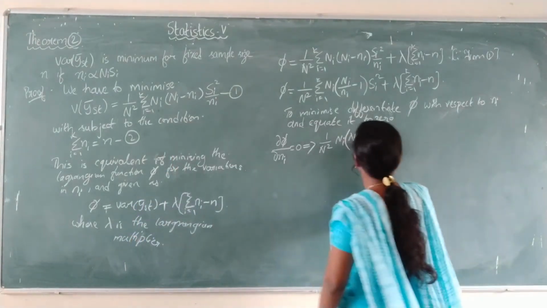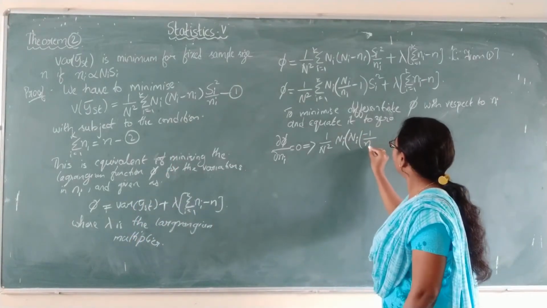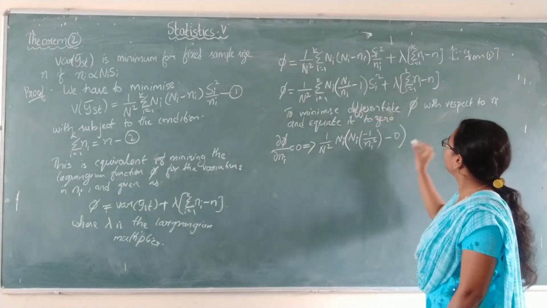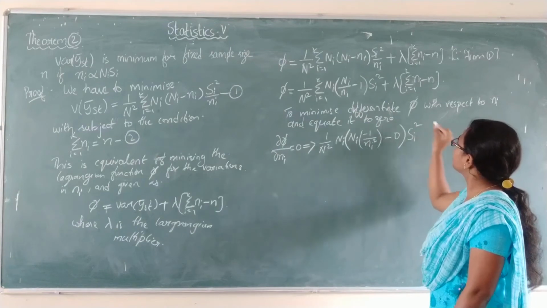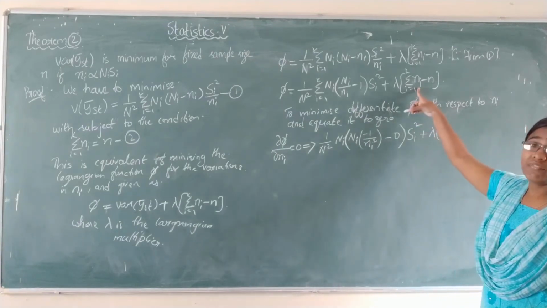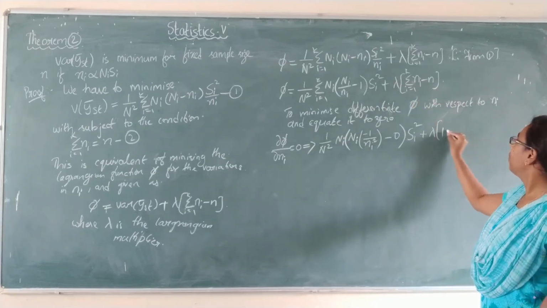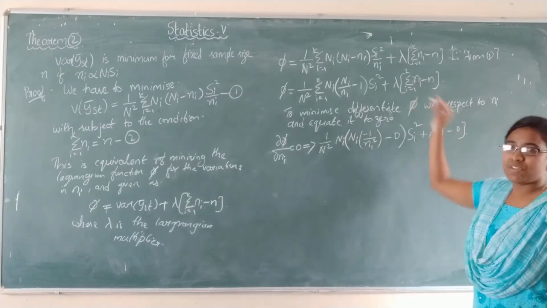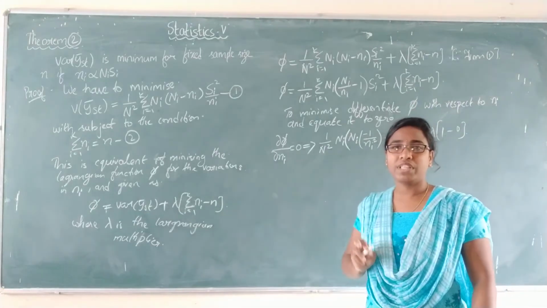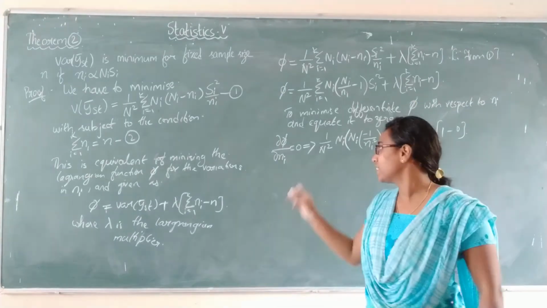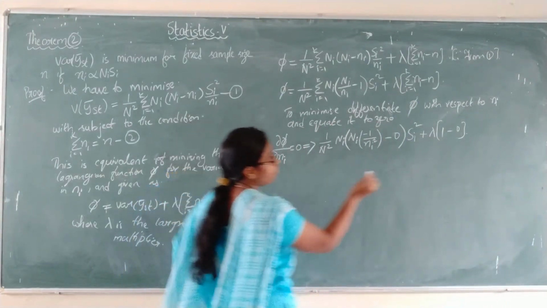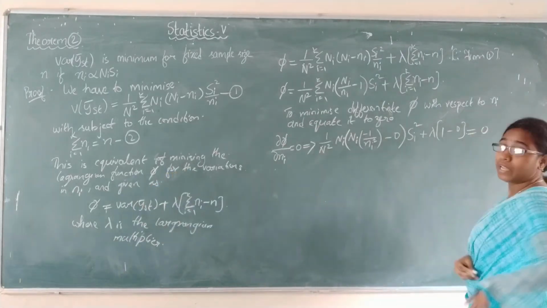So this value can be written as minus 1 by ni square, minus the differentiation of 1, which is 0, into the constant si square as is, plus lambda into the differentiation of ni, which is 1, minus 0. We will be avoiding the summation terms because we are differentiating only with respect to the ith sample size, that is ni. And this we have to equate to 0, so keep it as equal to 0.